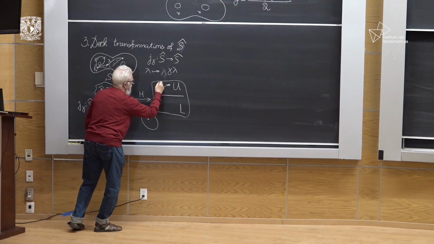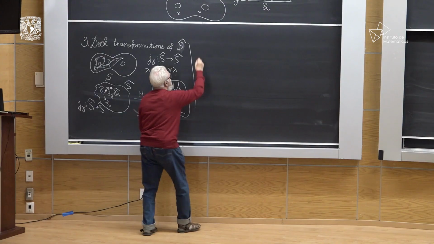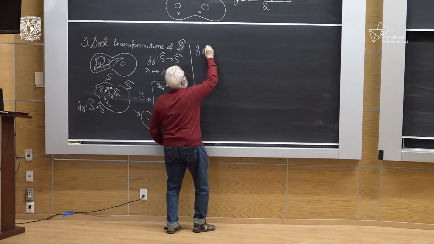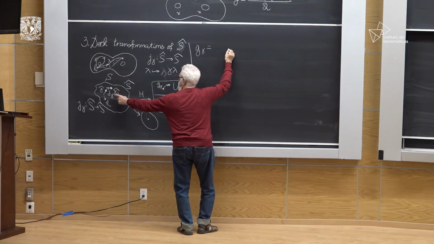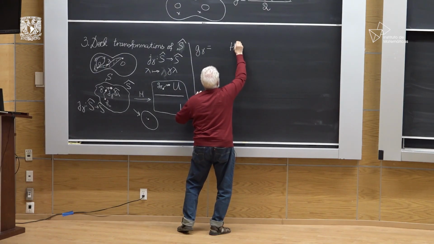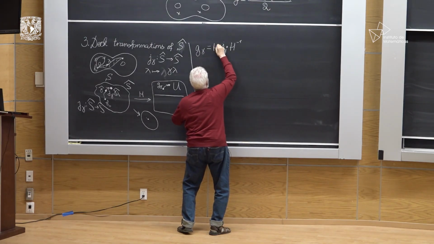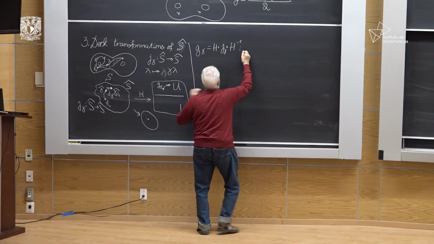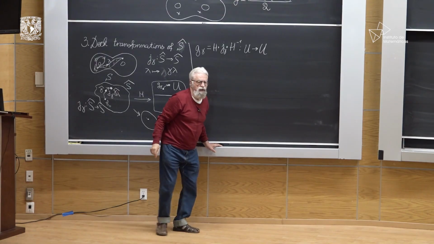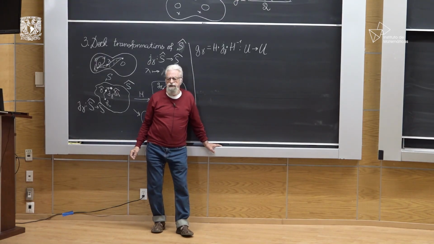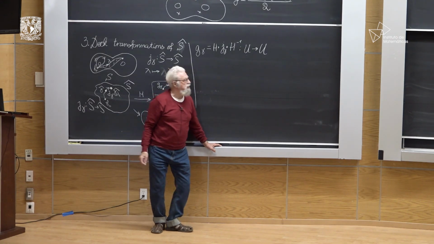And this will be G gamma. G gamma is h to the negative 1, J gamma, h. And this is a conformal map of U to U. And in general complex analysis, you are told that such maps are Möbius transformations.